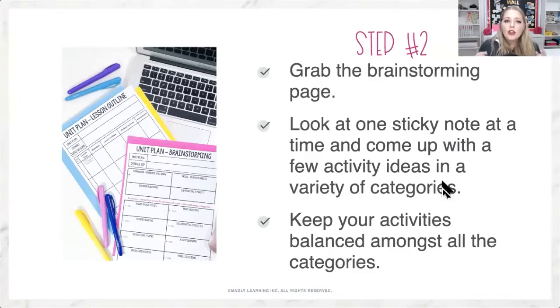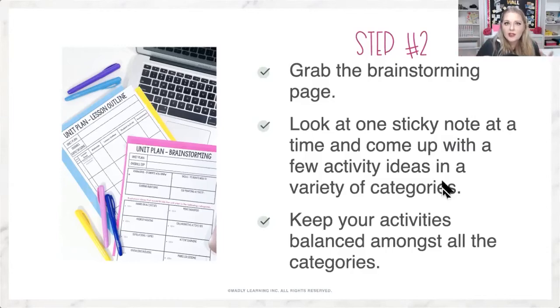So you're going to grab that brainstorming page and take one of the sticky notes that you wrote out, and you're going to come up with 2 to 3 ideas that fit into one of the 8 different categories of activities. You're just going to come up with whatever crazy harebrained idea you have. You are not going to limit yourself to what might not be possible or what COVID restrictions you might have right now.